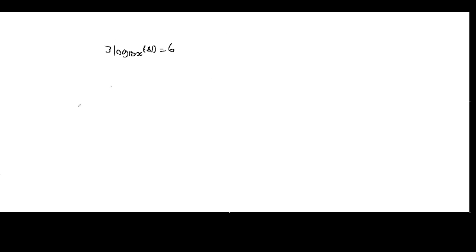But luckily for you, algebra exists. So just divide by 3 on both sides, right? So then you get log base 18x of 81 equals 2, because that's 6 over 3, right?